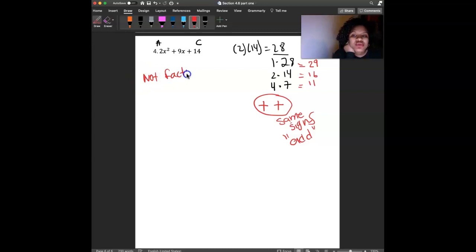Or you can say it's prime. Means you cannot factor it. There has to be another method we have to learn, we don't have it yet, another method of solving this one. All right? So the answer will be not factorable or prime. This one we cannot factor out. There are no factors of 28 that will add to 9.